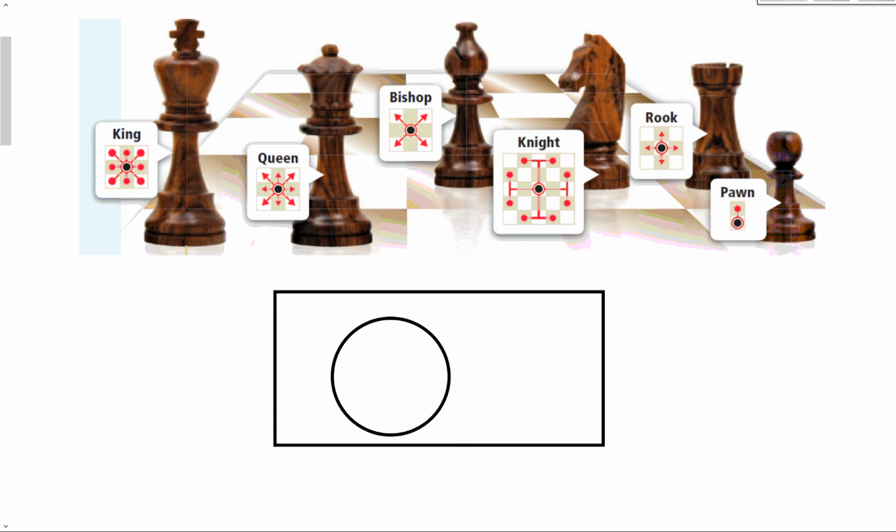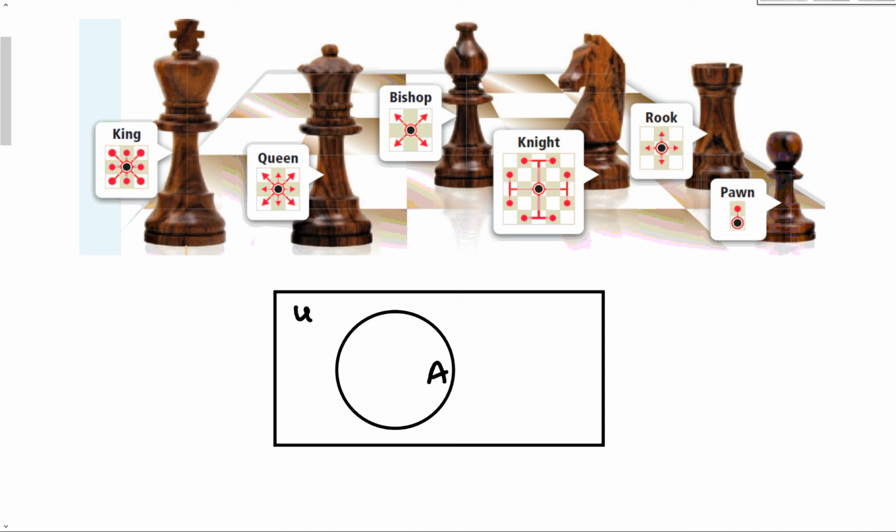Let me move this up a little bit. This is my universe. So now let's think about the set A, which is the chess pieces that move side to side.